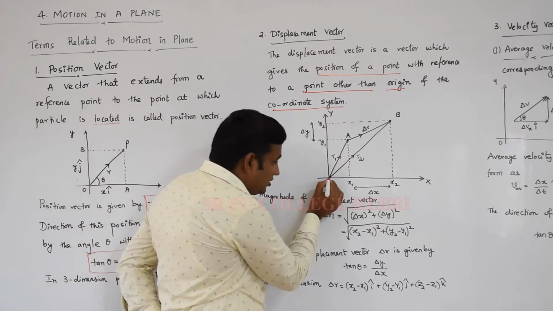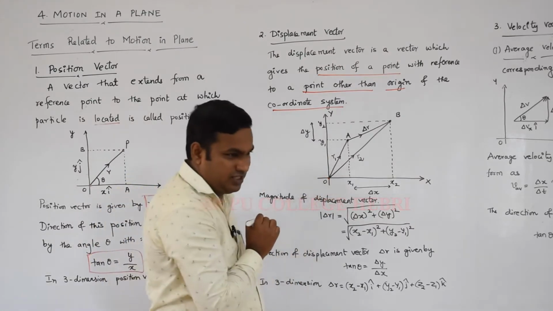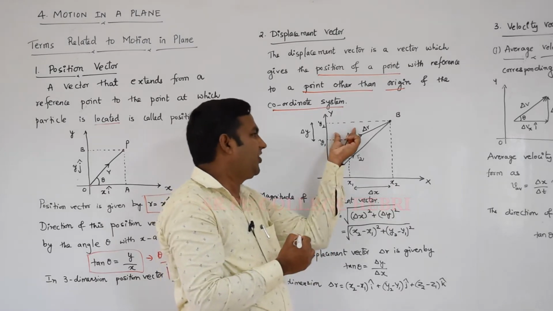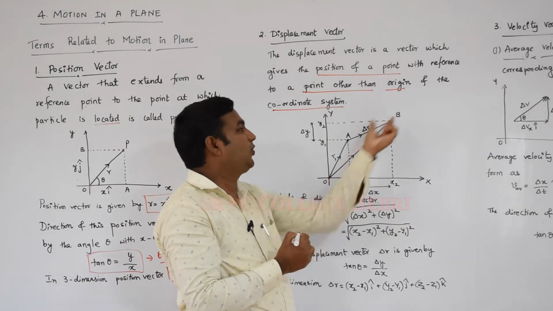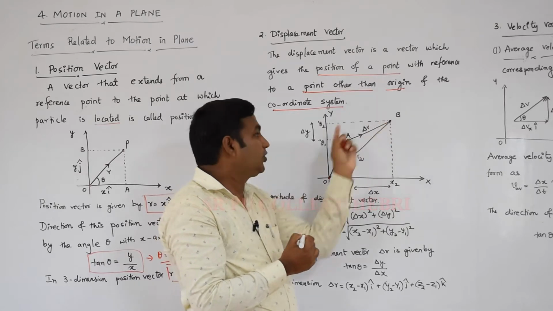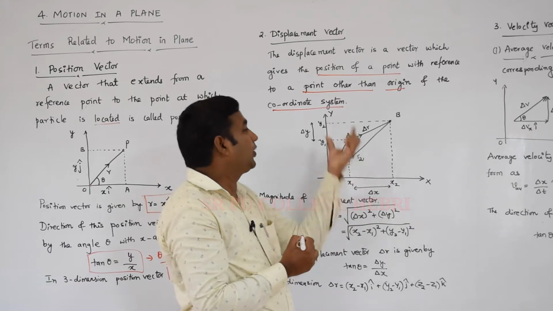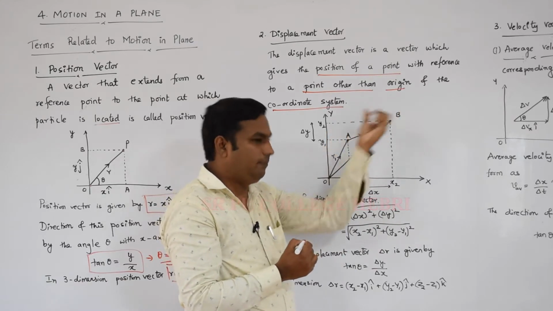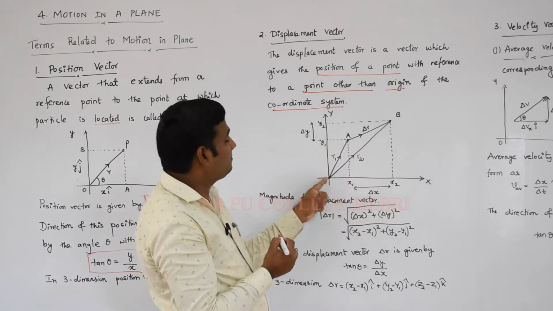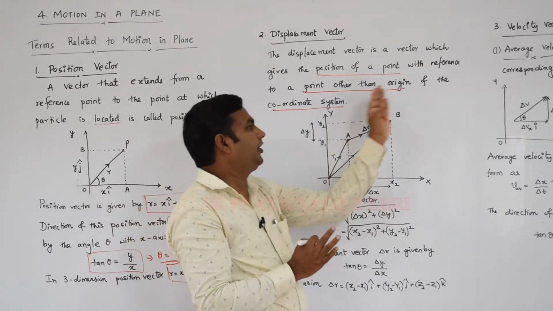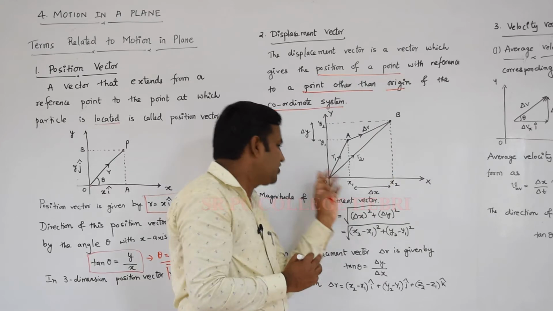Just imagine here, this one is the origin. There are 2 positions you have to think about. One is located at a point A and the other is located at a point B. Here 2 position vectors R1 and R2 are located at points A and B, and their reference point is O itself.